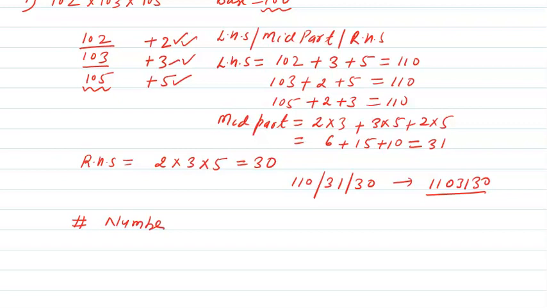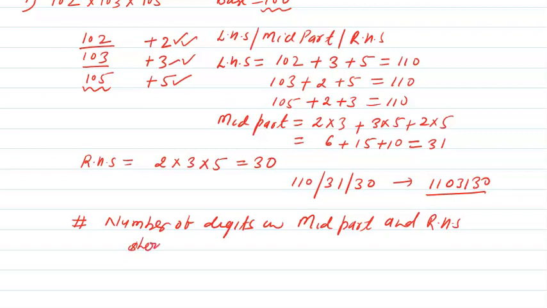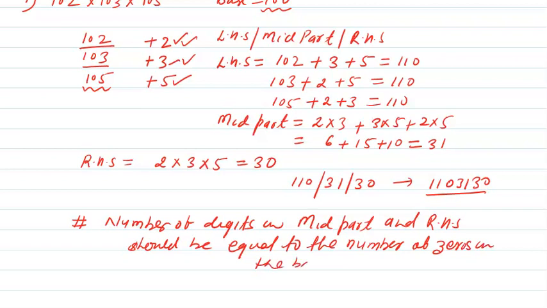The number of digits in the middle part and right hand side should be equal to the number of zeros in the base, right?